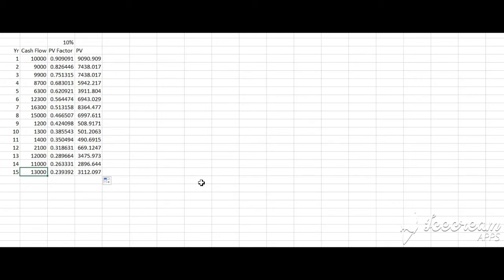But the value of that money will be reduced to 3,112 15 years down the line, provided 10% remains the average inflation over the 15-year period. That is the concept.